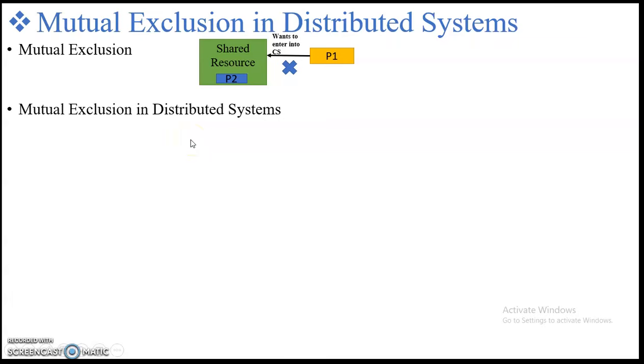Now how about the mutual exclusion in distributed systems? So let us say this is a system wherein it has its own clock and its own shared memory. But in distributed systems, we do not have shared memory and the same clock because the systems are geographically apart from each other. That is why the concept of shared memory and a local clock does not work.